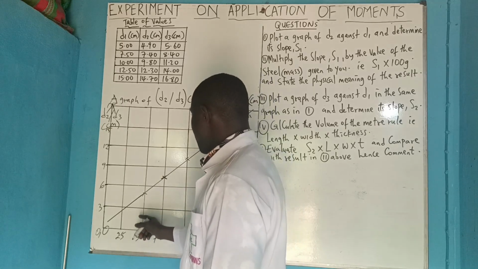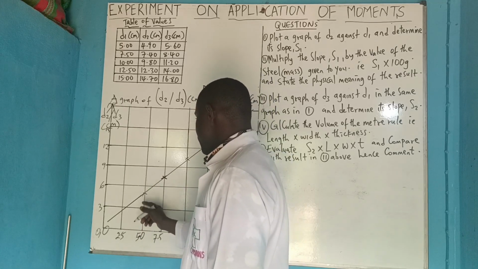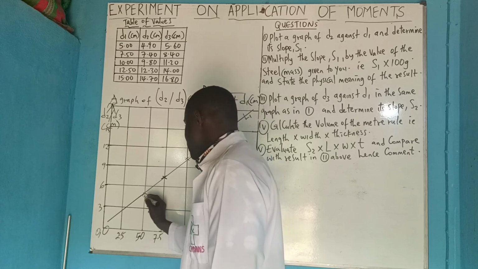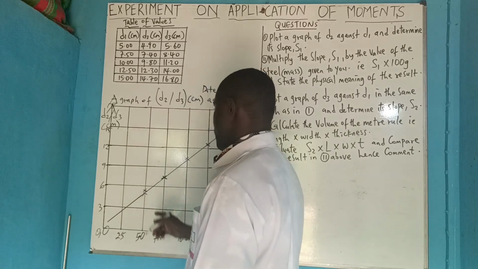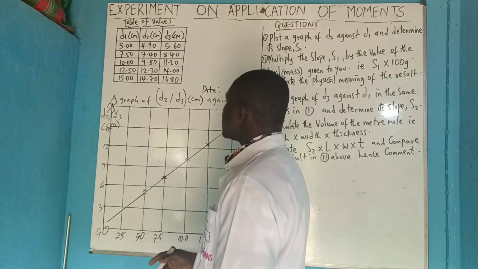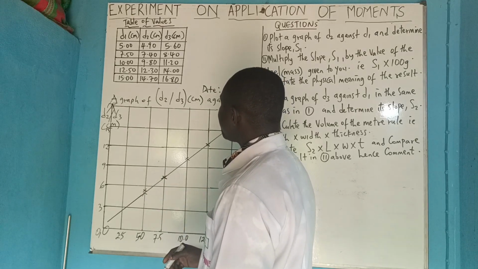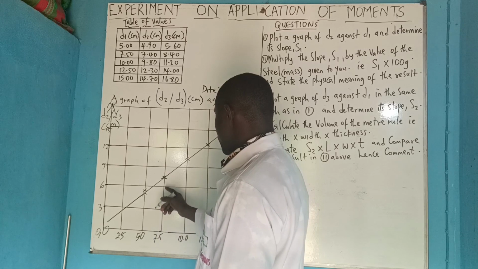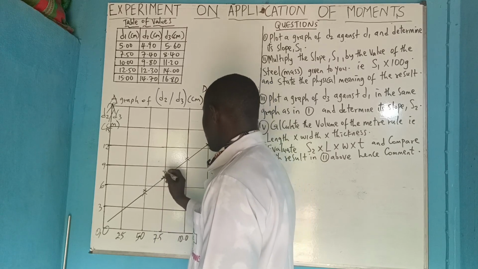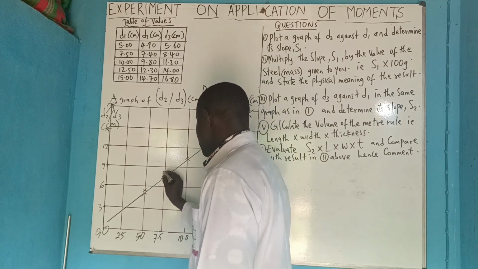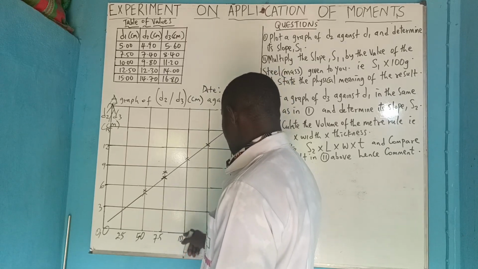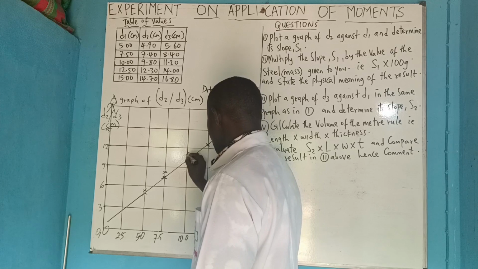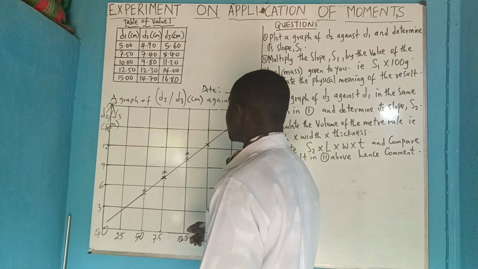5 against 5.6. That should be somewhere here, above this. Then 7.5 against 8.4, above this. Then 10 against 11.2, above this.